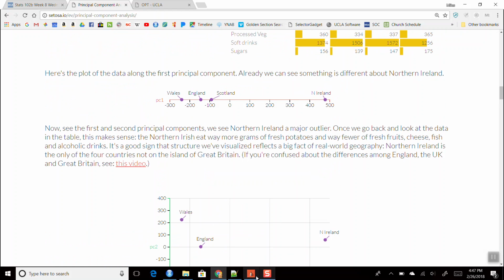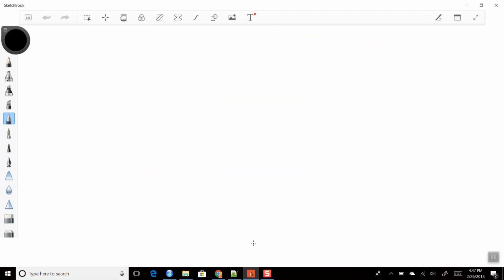So the idea of principal component analysis is that we are reorienting our data and projecting our high-dimensional data down into lower dimensions.